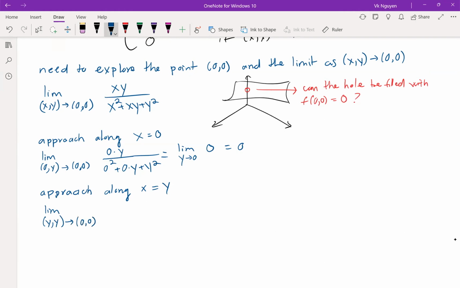Okay, so x equals y, it's going to be y times y over y square plus y plus y square. Nice. Y square over 3y square. So this is just 1 over 3. Ta-da! Oh my God. The limit does not exist, because the two limits are not the same.